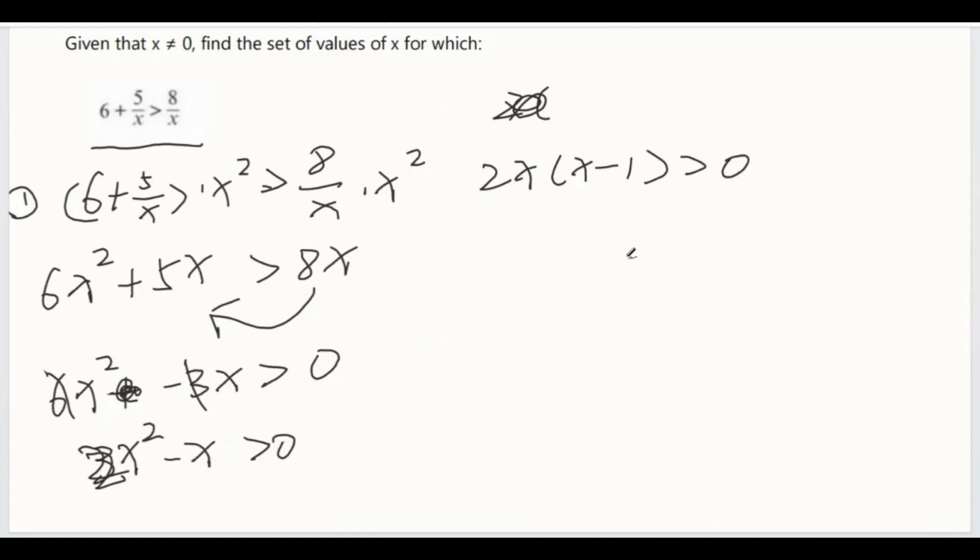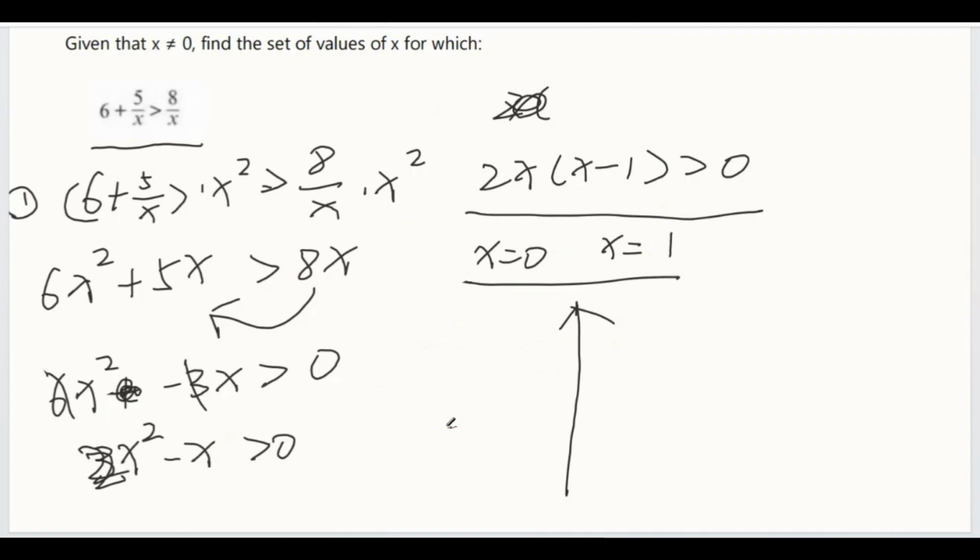So they have two roots, right? x would be 0 or x would be 1, these are the roots or critical values. Here, a is positive, so the graph will look like this. One root is 0, one root is 1.